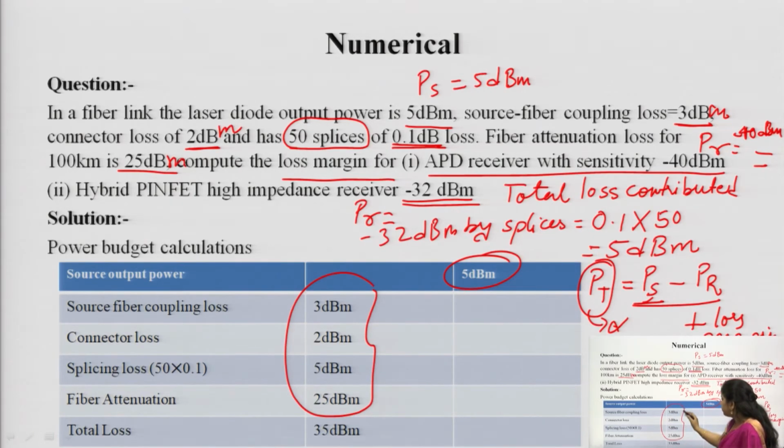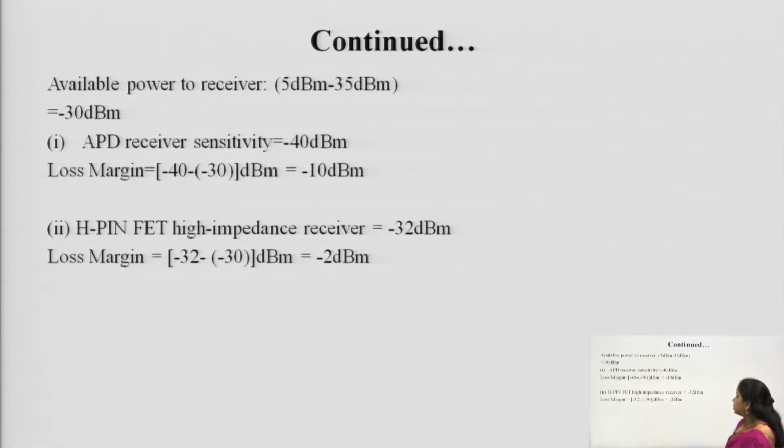The total loss we simply add on and we will get this. Now, the available power at the receiver is 5 dBm minus 35 dB.